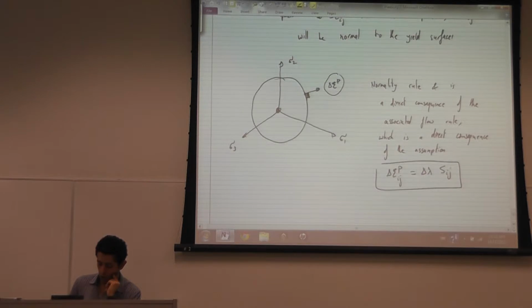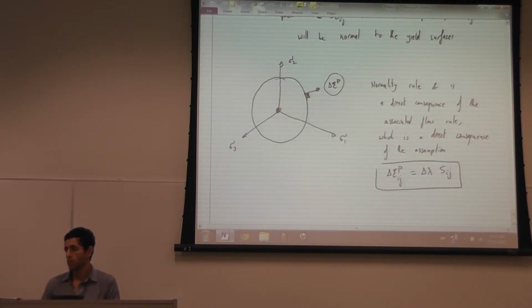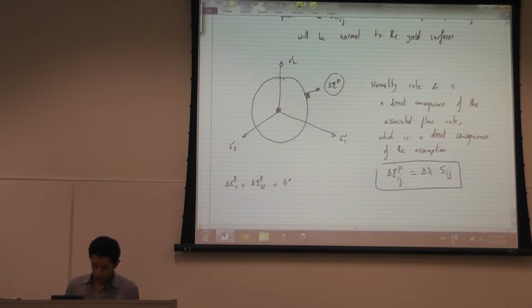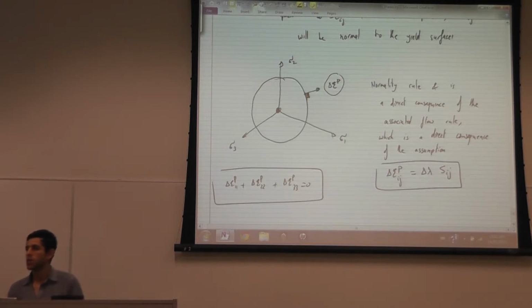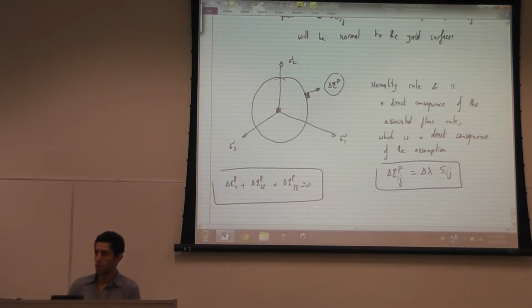The projection of this on this line is 0 means that the sum of the epsilon is equal to 0. So it means delta epsilon P11 plus delta epsilon P22 plus delta epsilon P33 equal to 0. This is what's nice about it. This is why it's physically important, because it differentiates the plasticity of soils and plasticity of concrete, where as you plastify the volume increases or decreases, from the plasticity of metal, where the volume does not change.